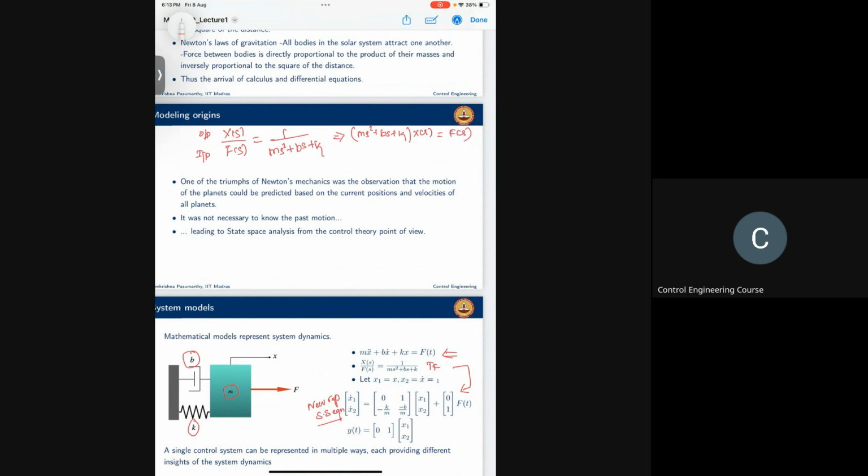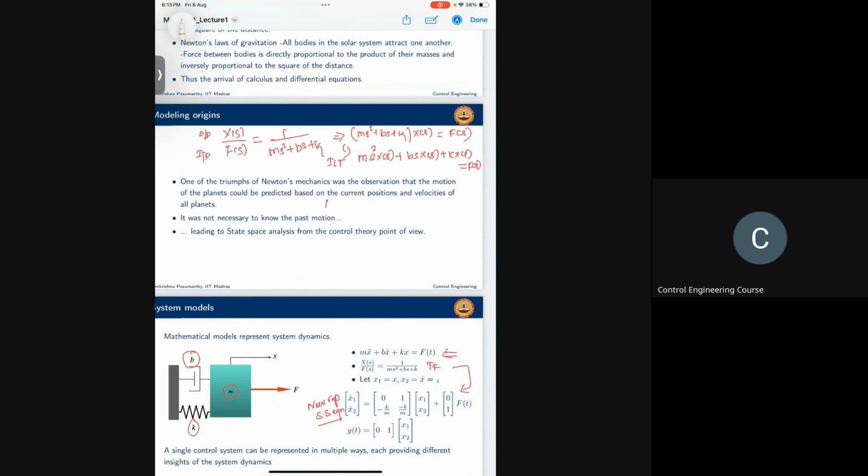Right? Now take the inverse Laplace transform. So far, we have been using the Laplace transform. Now I want to convert this back to the time domain. I'm writing the in-between steps for you to understand this properly.